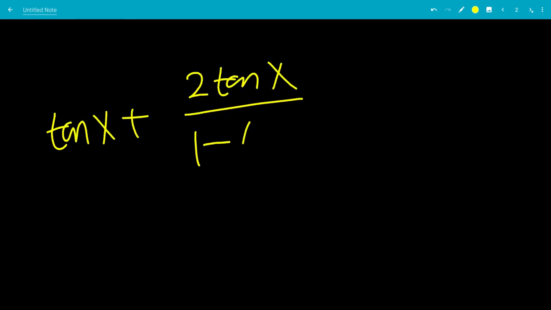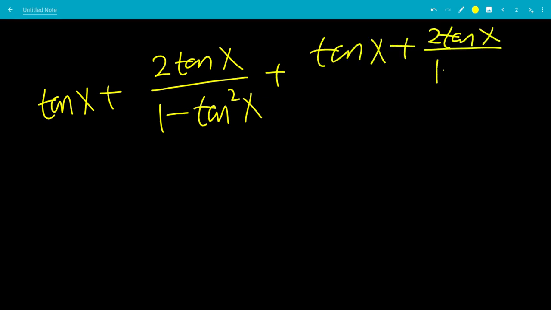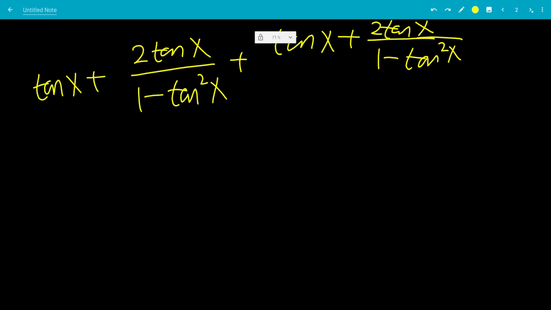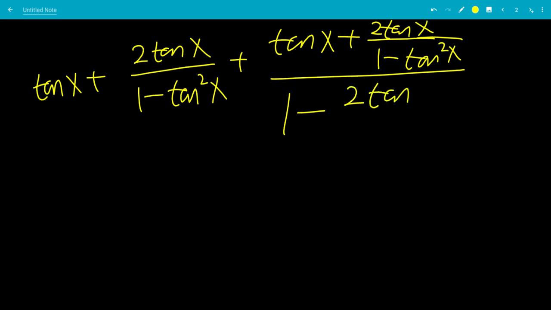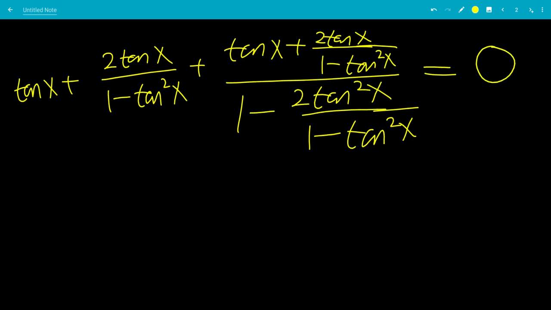So we're going to have tangent x plus tangent 2x, which is 2 tangent x over 1 minus tangent squared x, plus tangent 3x, which is tangent x plus 2 tangent x over 1 minus tangent squared x, and then we have all over 1 minus, when we multiply these two, 2 tangent squared x over 1 minus tangent squared x, equals 0.